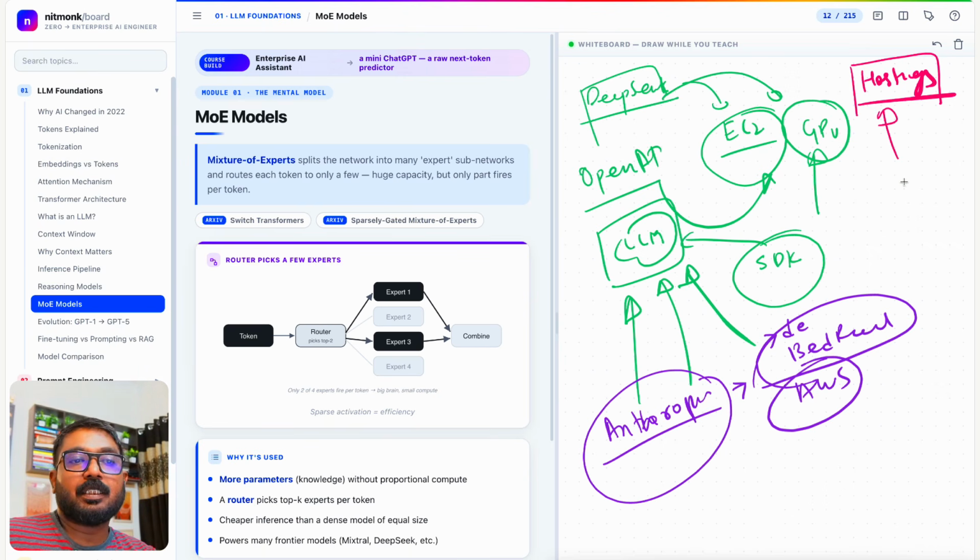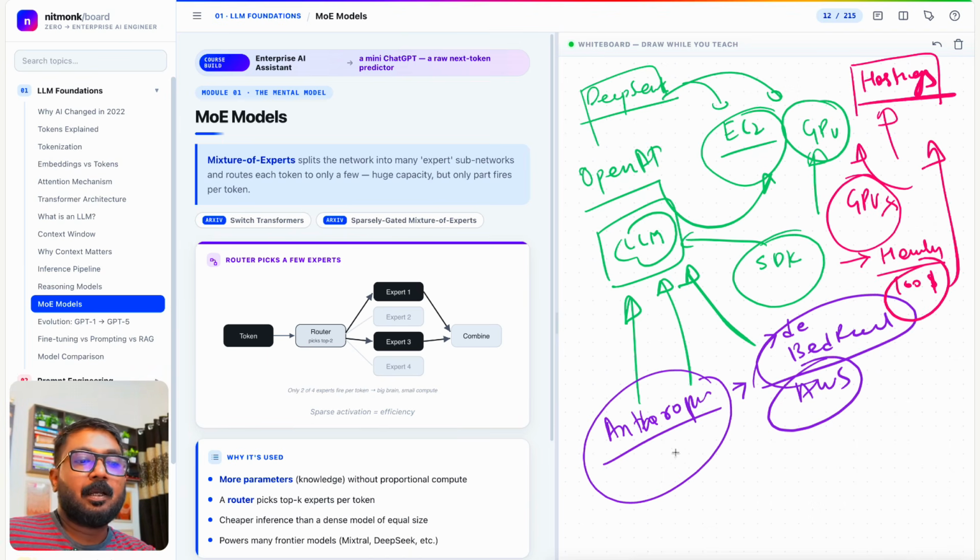So once you try to host it, you will pay GPU cost continuously, right? The compute that it will run will be kind of hourly charges, let's say $100 per hour, for example, to host it, correct? But when you use these Anthropic and other LLM models, you just pay for the token usage, right?